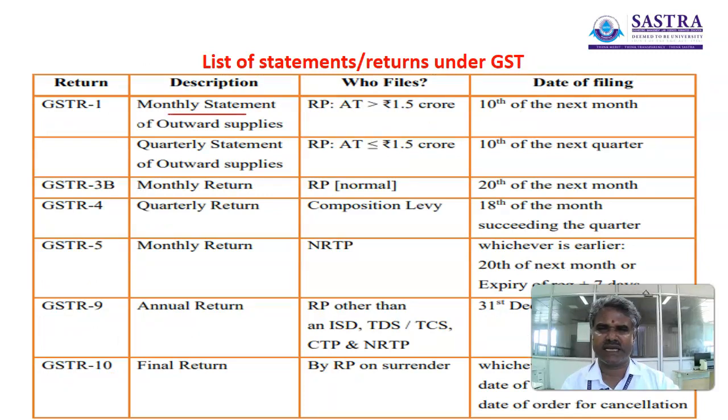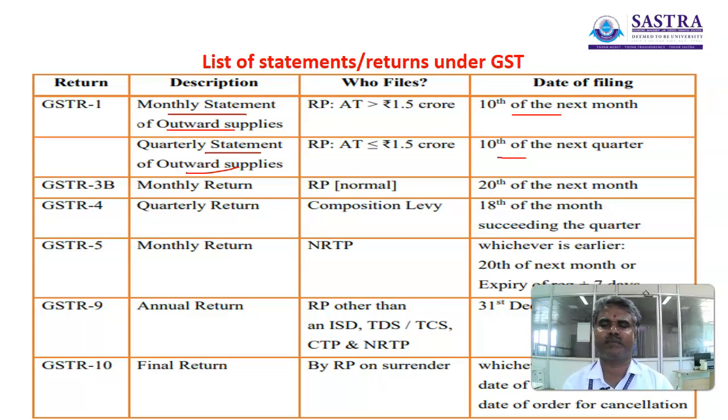GSTR 1 is a monthly statement of outward supplies and a quarterly statement of outward supplies, both. When your turnover is more than 1.5 crore, you have to file GSTR 1 every month. When your turnover is less than 1.5 crore, you have to file once in a quarter.